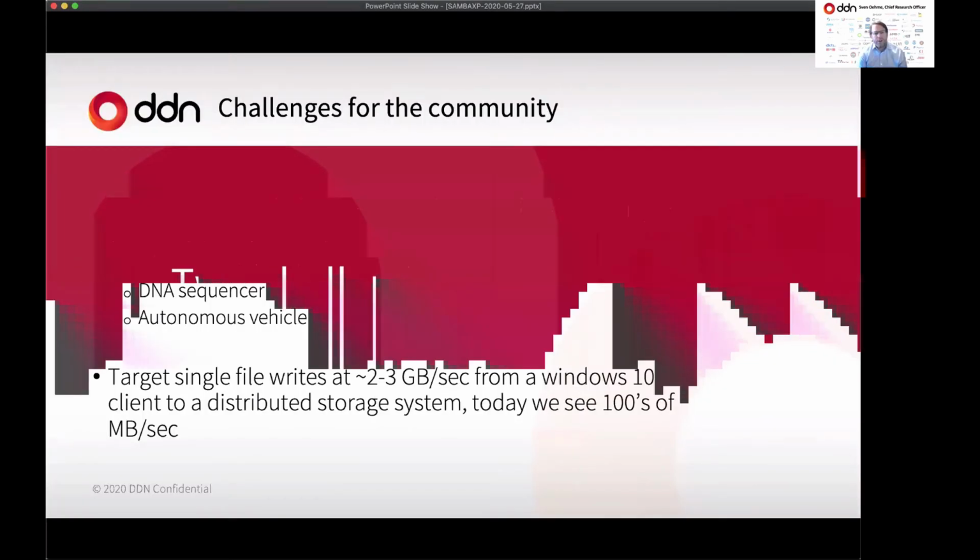So one of the challenges that we see in where we're using SMB today is, so imagine there is a huge market out there for customers that have very, very expensive equipment. This could be equipment that collects sensory data, equipment that does DNA sequencing. Some of the autonomous vehicle software stacks run Windows.